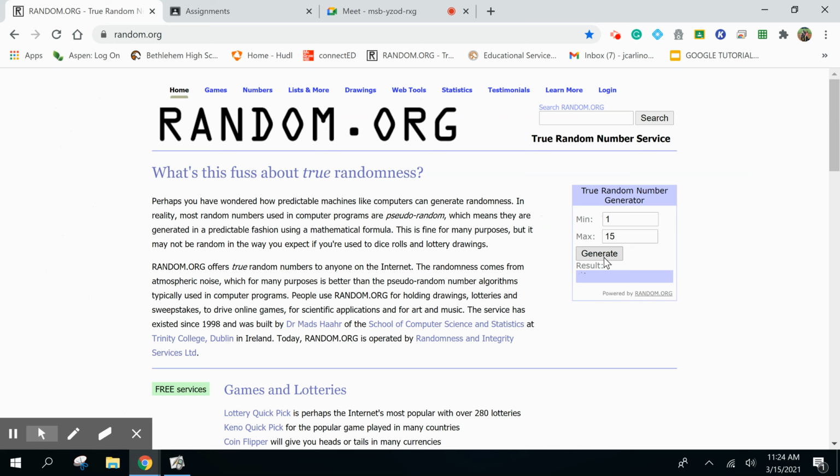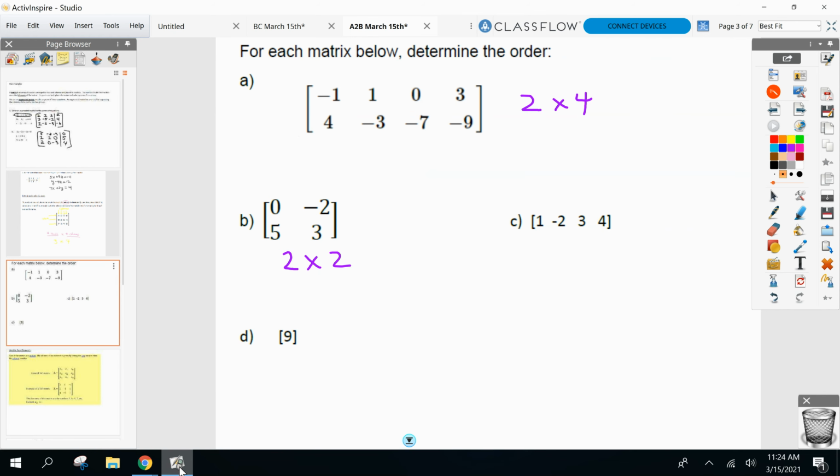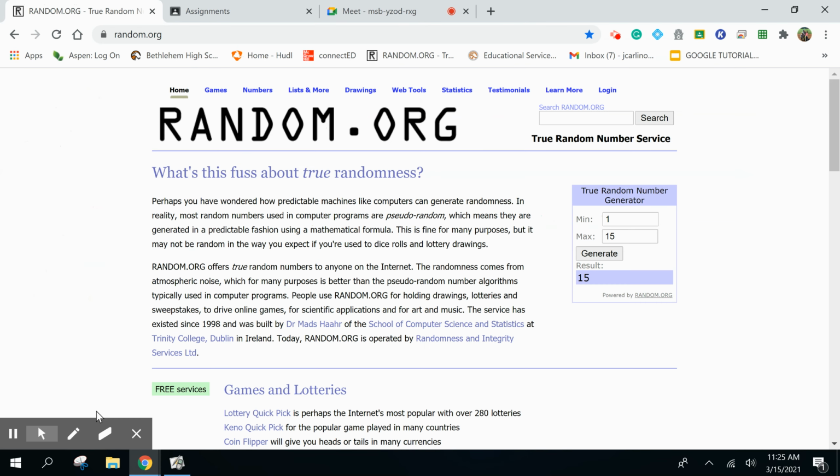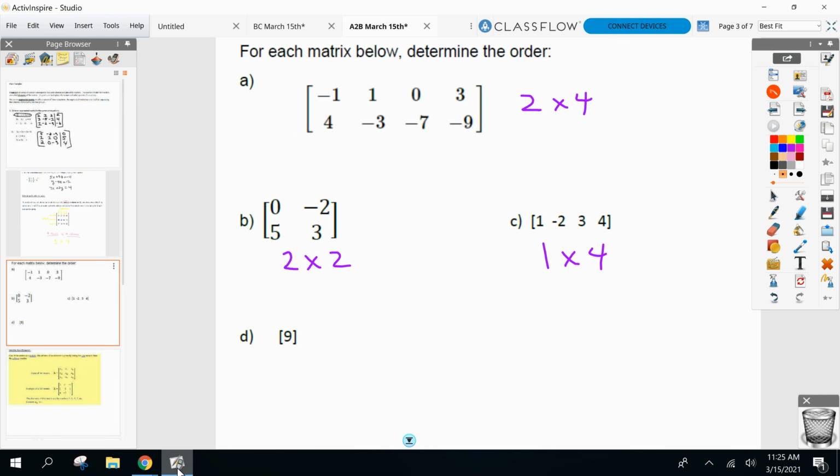Okay, Kian, what do you got? 1 by 4. Good job. This is 1 row by 4 columns. And then the final one here, just 9 hanging out by itself. Colin, what do you think? 1 by 1. That's it, good work, 1 by 1, it's possible. All right, you guys at home, name in a matrix, the order.